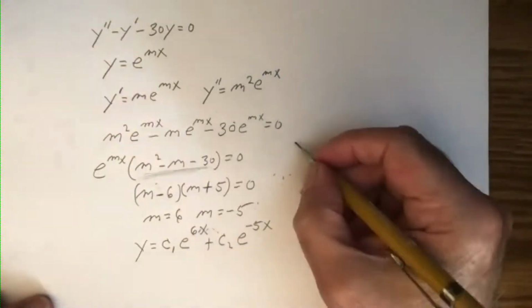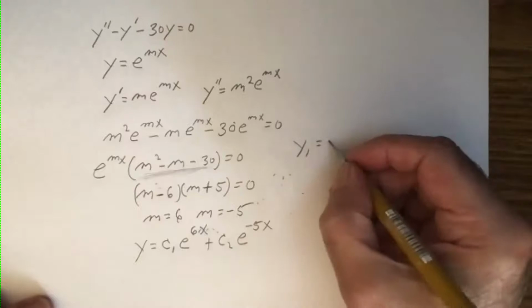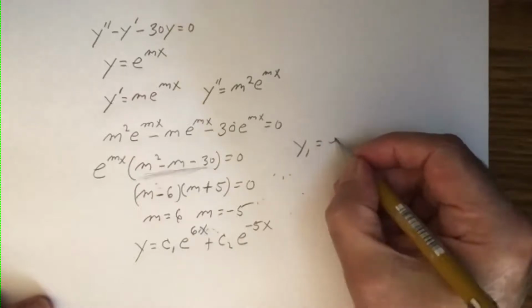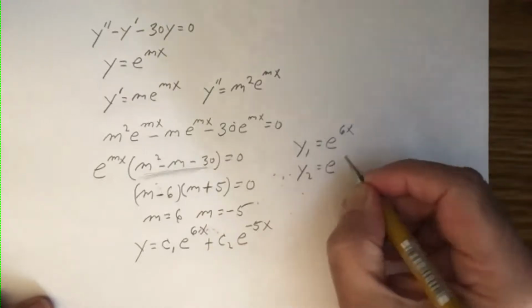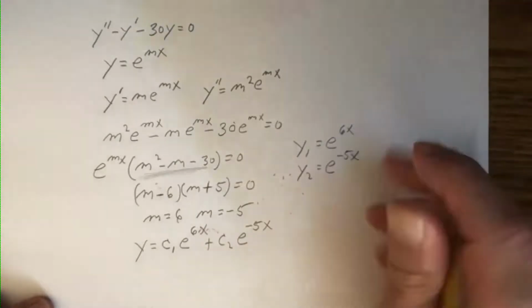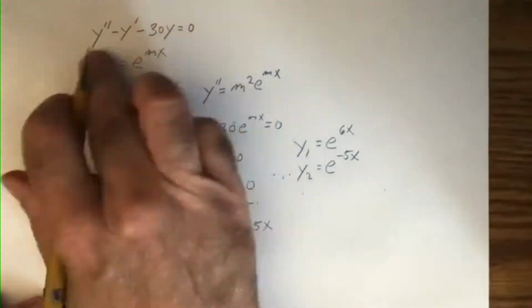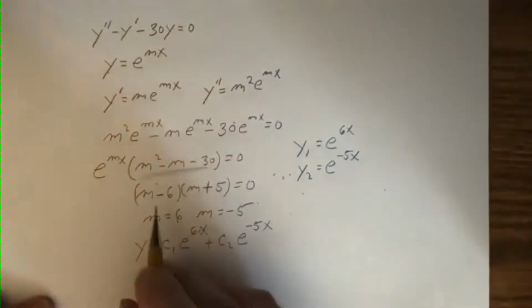So in other words, my y1 is e to the 6x, it doesn't matter which one you call 1, and my y2 is e to the minus 5x. Both of these will satisfy this differential equation, right?